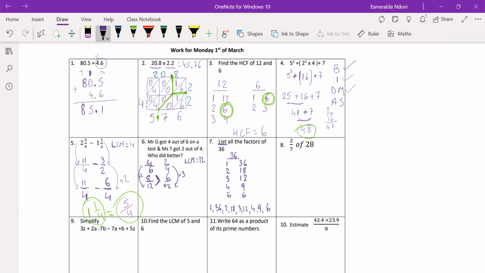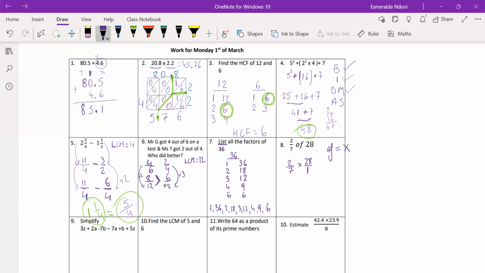Question 8, 2/7 of 28. Of means multiply. So 2/7 times 28. And 28, we write it over 1 to help ourselves. We know that to multiply fractions, top, top, bottom, bottom.